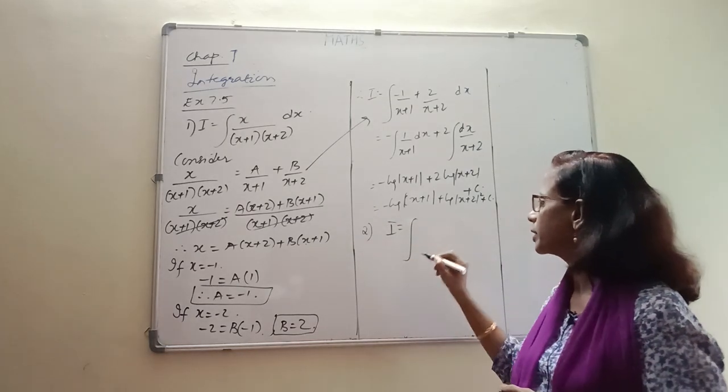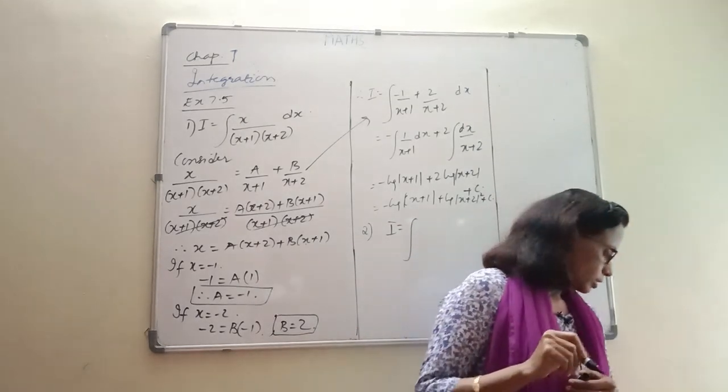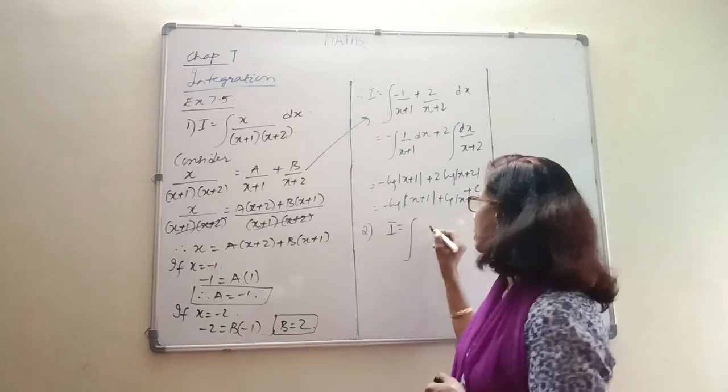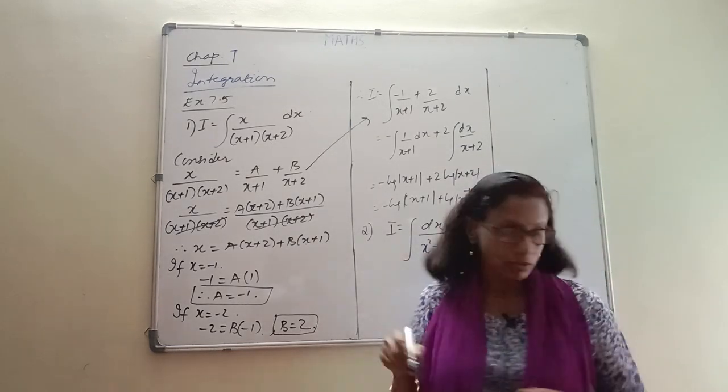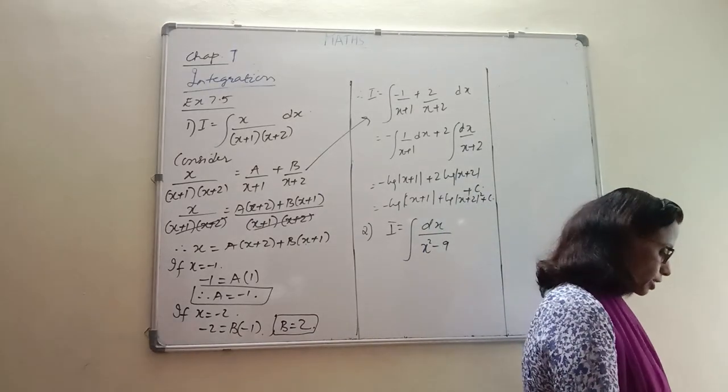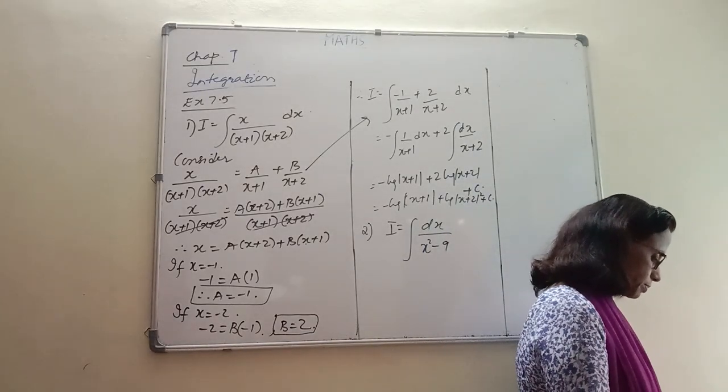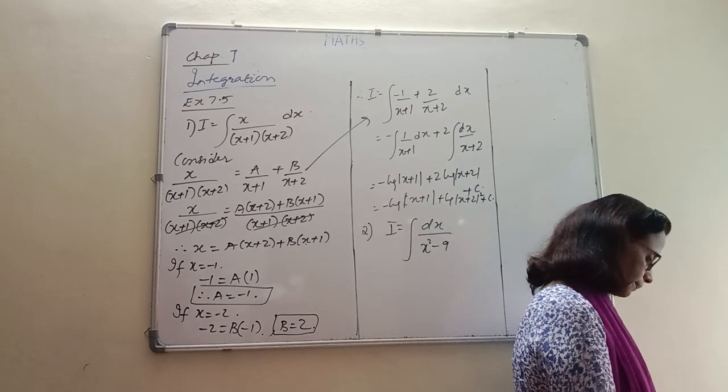I equal to integral of dx over x square minus 9. Now this is also quadratic, but then we have to check how it will break into factors.